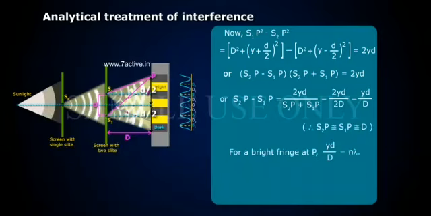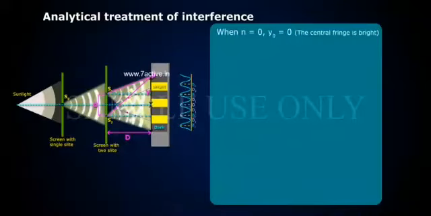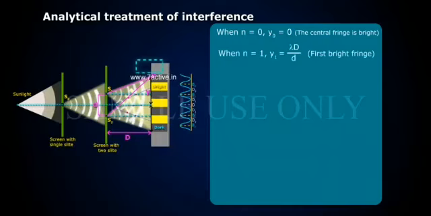For a bright fringe at P, yd/D = nλ, where n = 0, 1, 2, 3, and so on, or y = nλD/d. When n = 0, y0 = 0, the central fringe is bright. When n = 1, y1 = λD/d, first bright fringe.